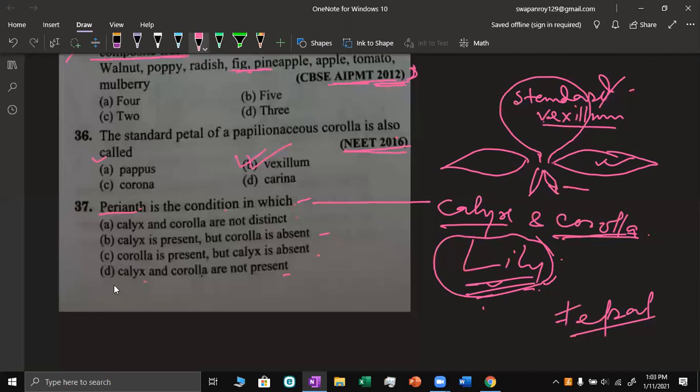So perianth is made of tepals, like sepals make the calyx and petals make the corolla. Okay, so today we'll close it here.